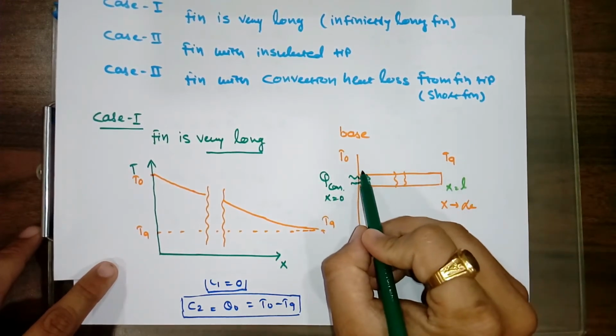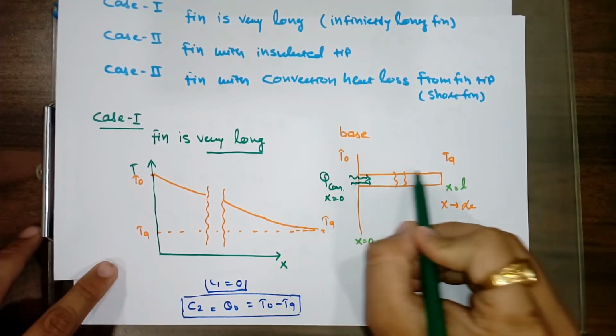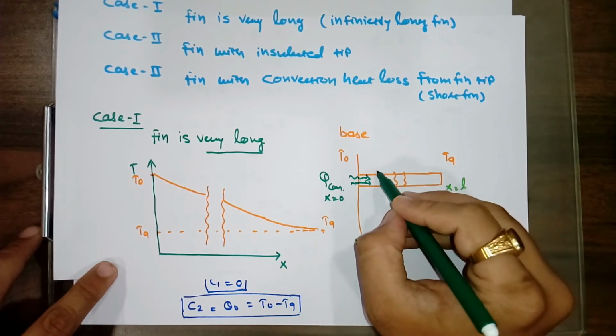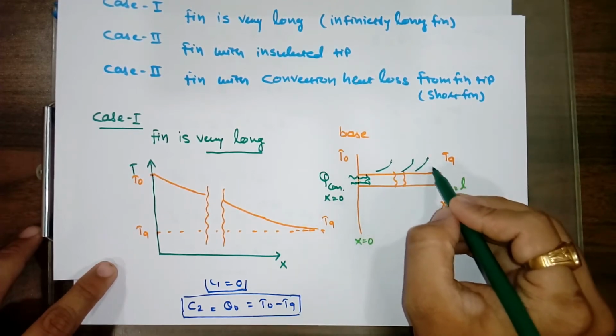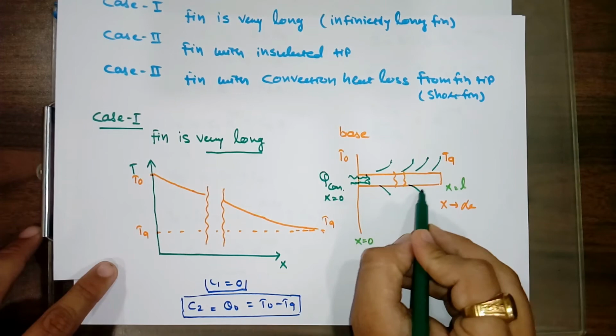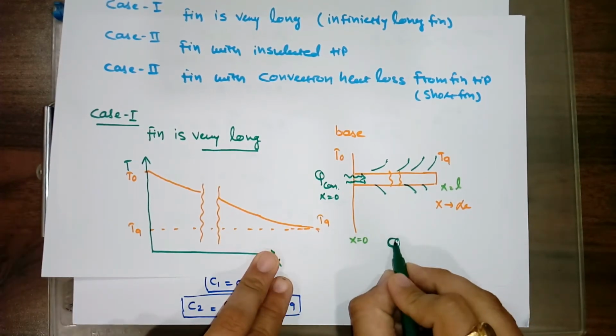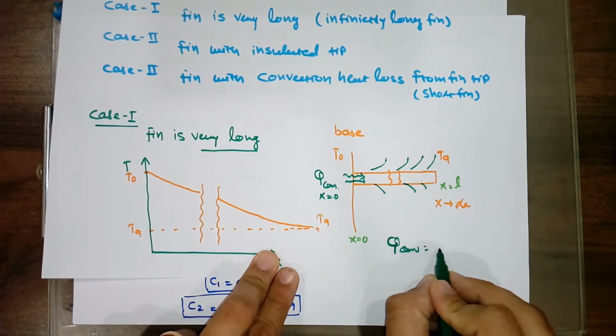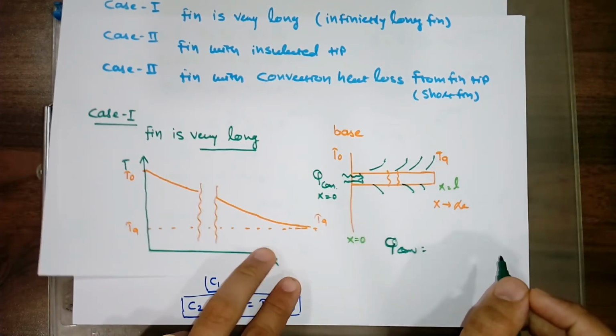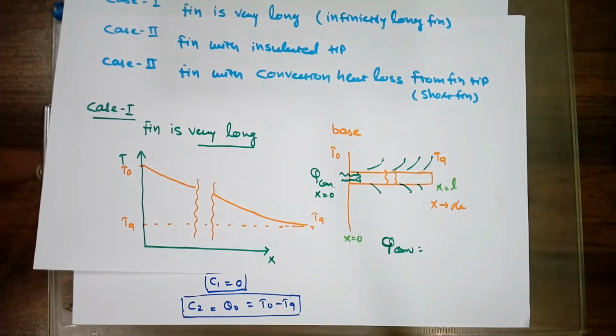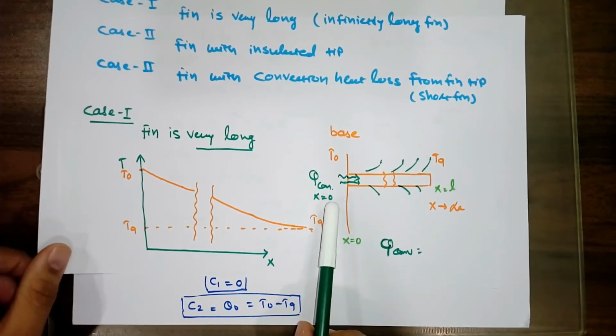In other words, we have to calculate the total heat which flows by convection. Let's say here it is convecting, so Q convection from the fin. In these two ways we are able to calculate, but currently we are going with this one, Q conduction at base.